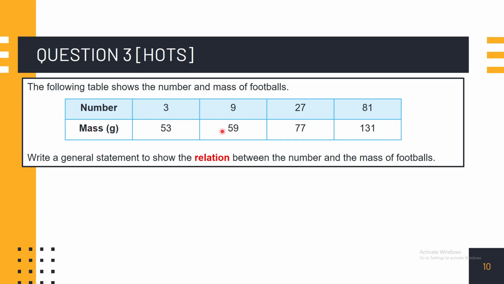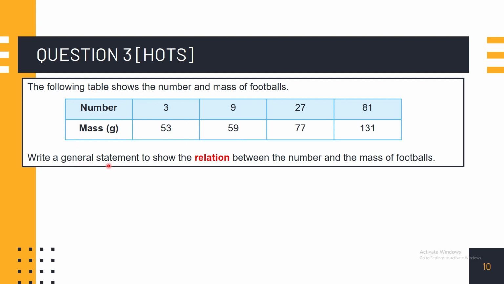The number of footballs: 3, 9, 27, and 81, and the mass: 53, 59, 77, 131. Write a general statement to show the relation between the number and the mass of footballs. For a relation, we must write a formula that includes the number and the mass.